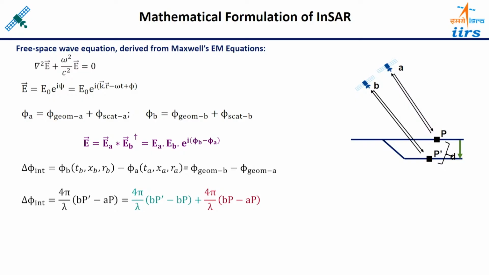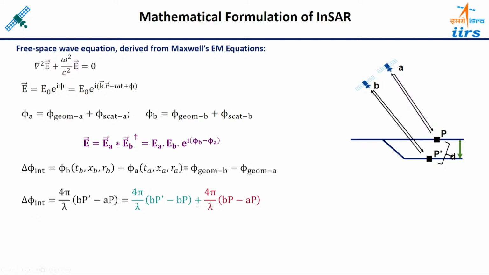This topographic phase you can calculate from a known DEM. Suppose you have a high resolution DEM, so you know the height, and from that height you can calculate the phase also. So this particular factor you can calculate from the DEM, and this phase difference you are calculating from the phase of the two signals.